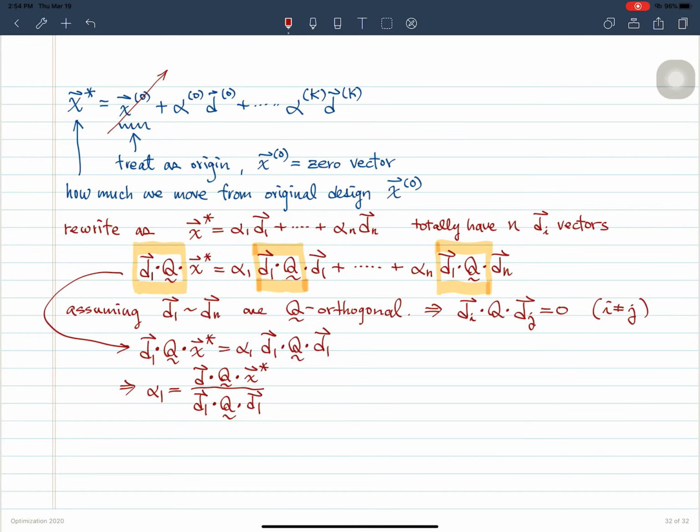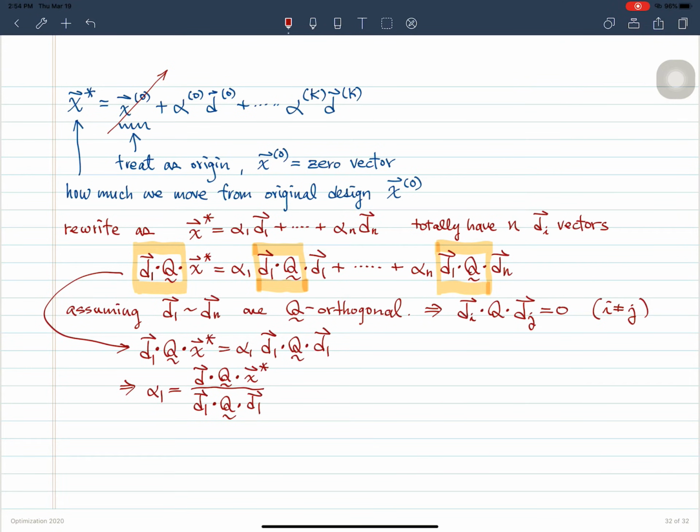Alpha is how much we should move along some Di direction. But we don't know how much we should move yet. But over here it tells you, just move this much, and it will satisfy the original solution. So alpha 1 is how much you should move along the D1 direction. And if you do the same math but change to D2, then you can calculate alpha 2, how much you should move along the D2 direction.